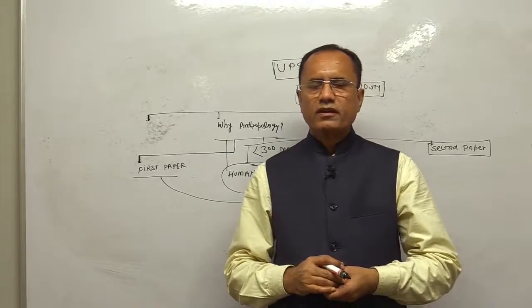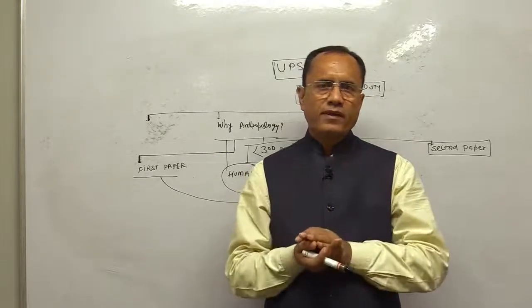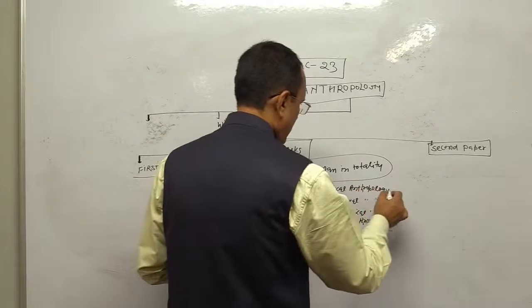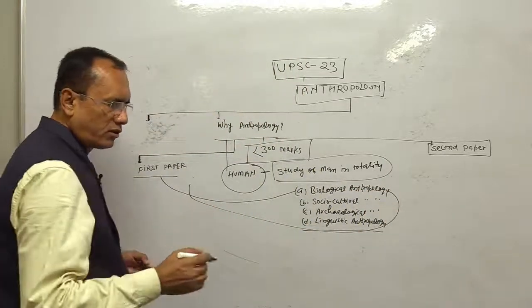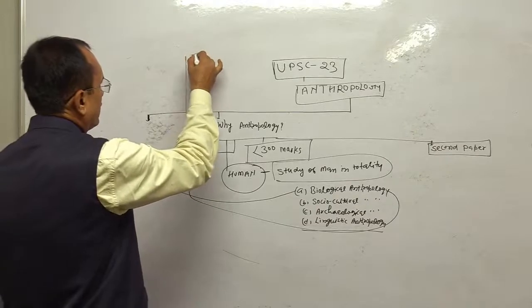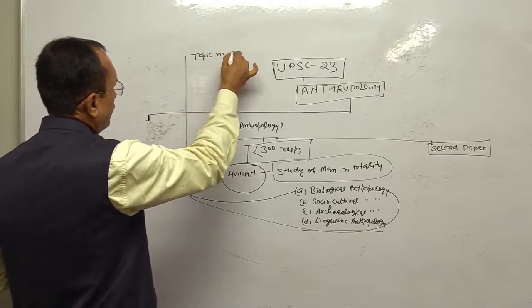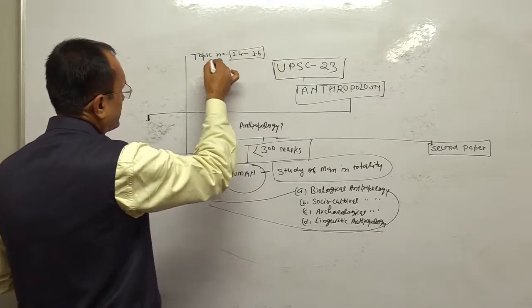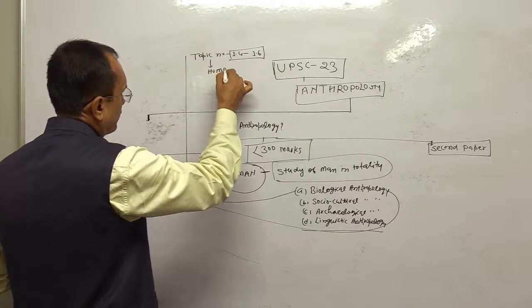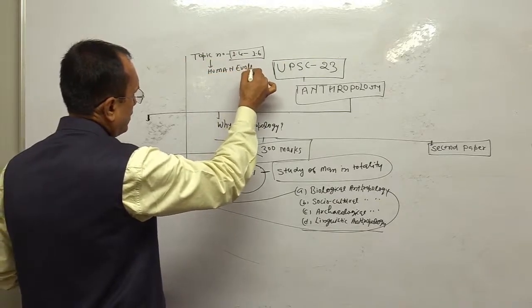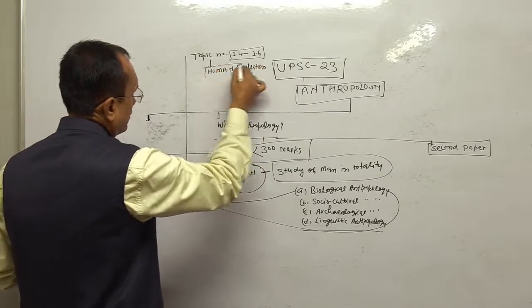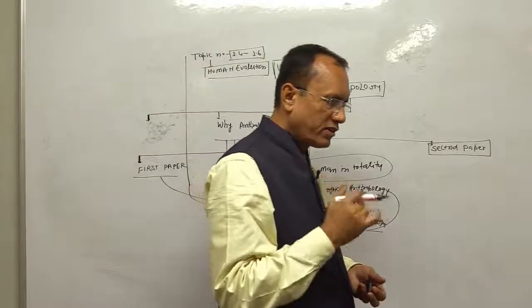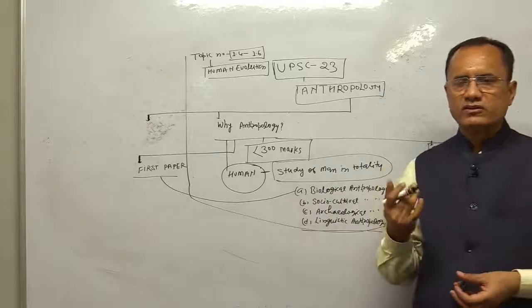But if you see your syllabus carefully, you will find that the topics related to biological anthropology are present in topic number 1.4 to 1.6, that is related with human evolution, right? That is related with biological anthropology.